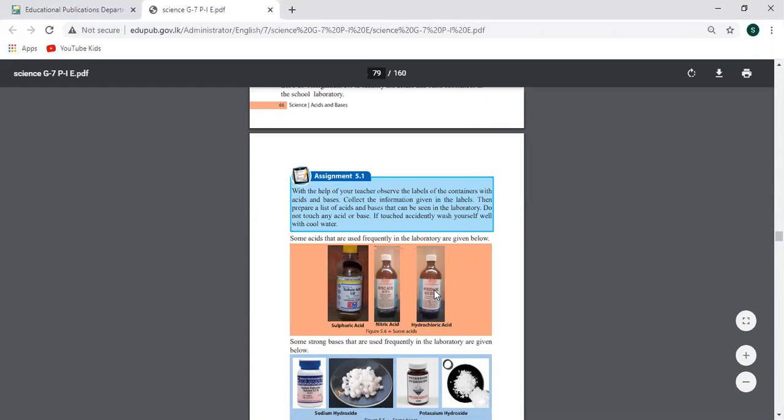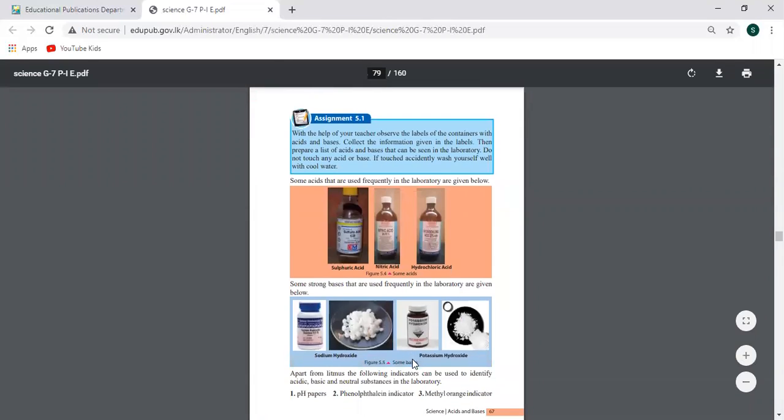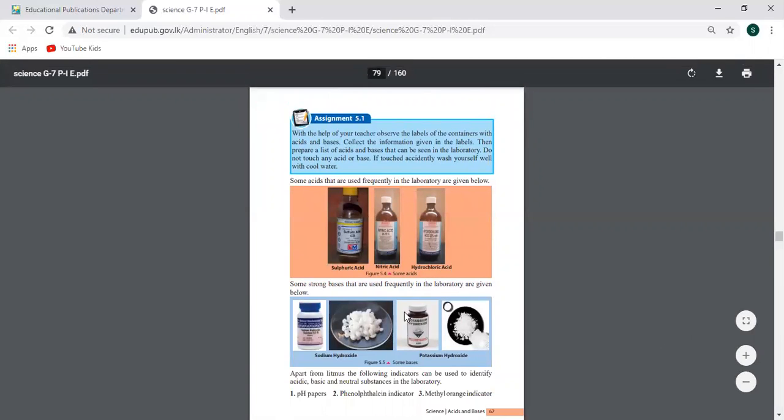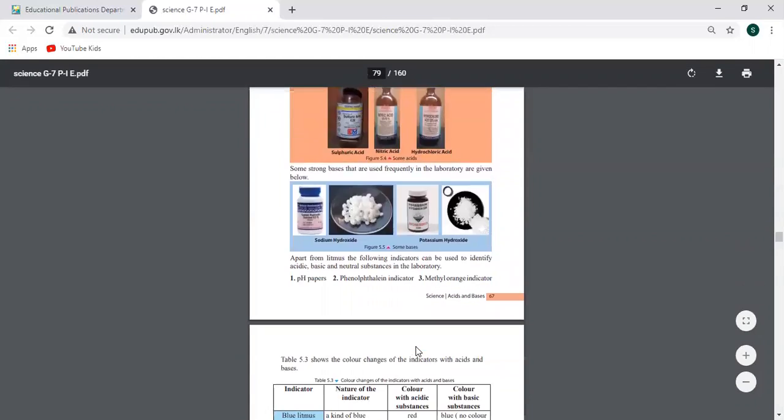These are the indicators in laboratories: sulfuric acid, nitric acid, and hydrochloric acid. And these are to identify acids, and sodium hydroxide and potassium hydroxide are to identify bases. So these are some indicators used in the laboratory.